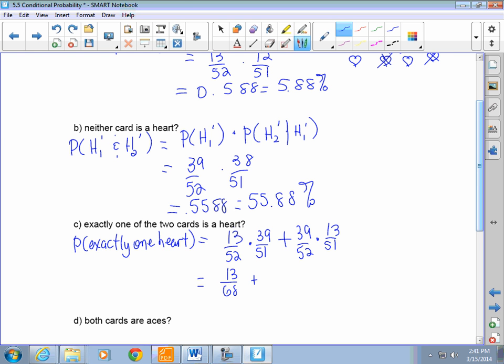I'm multiplying 13 times 39 on the top for both and 52 times 51 on the bottom, so that is 13 out of 68. So 26 out of 68 is 0.3824, which is 38.24%. So I have a 38% chance of getting exactly one heart out of there.